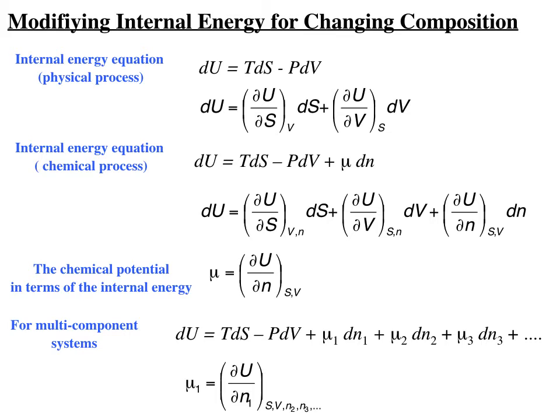So the conclusion on this slide is that the chemical potential can be found from how the internal energy changes with composition at fixed entropy and fixed volume, meaning in an adiabatic isochoric process, the available energy from a chemical change is how the internal energy changes as the number of moles change.